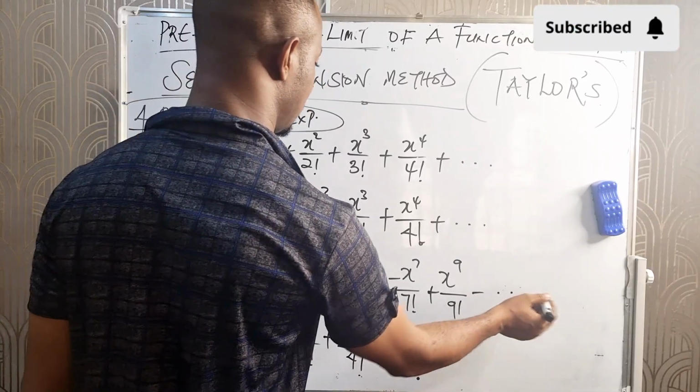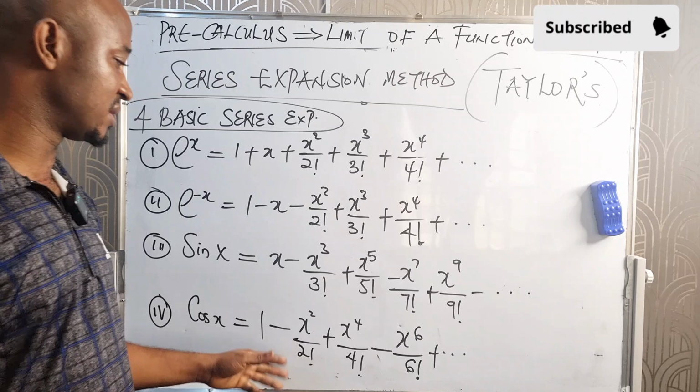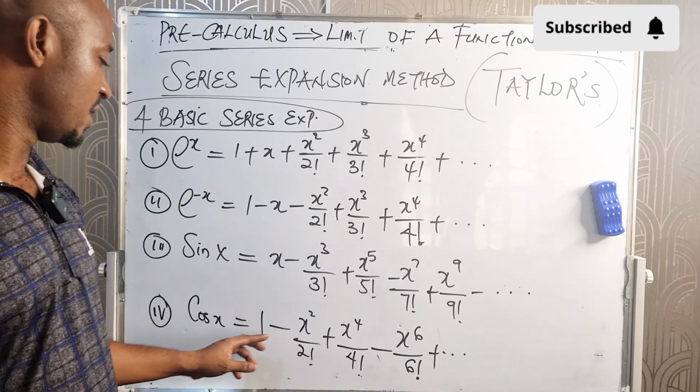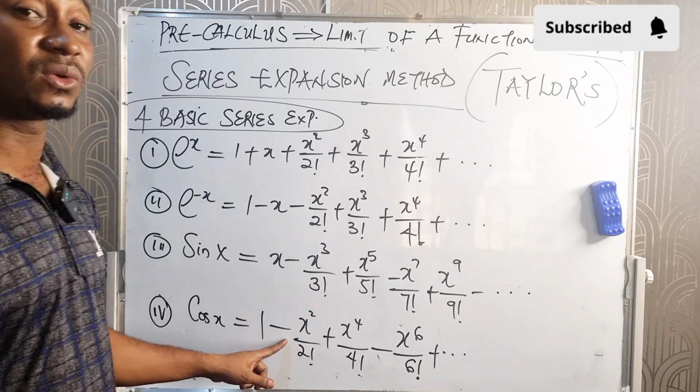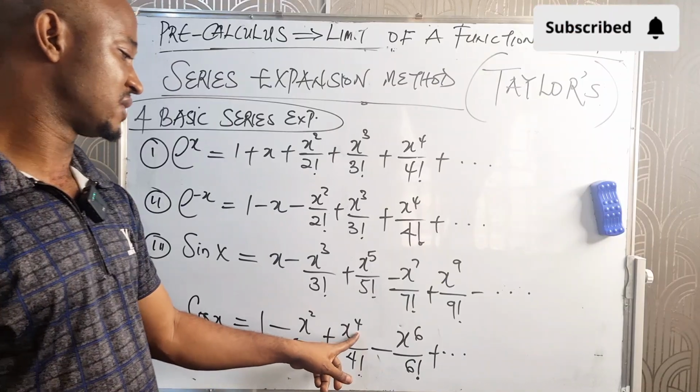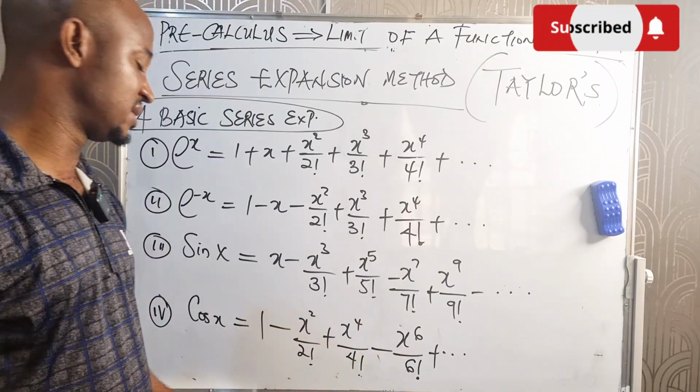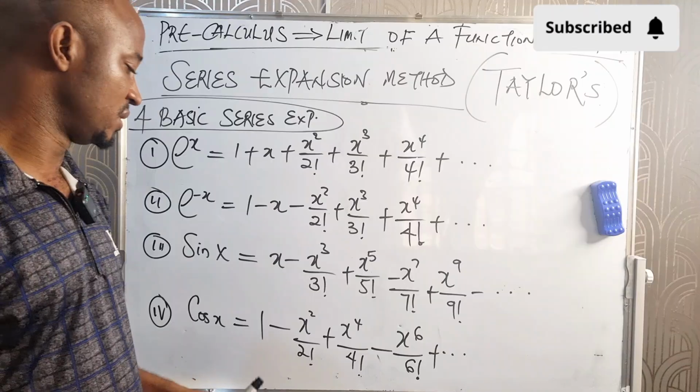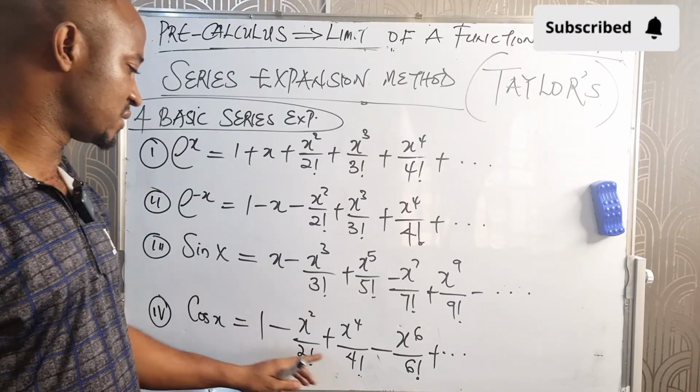So dot dot dot. For this, the same concept applies. For cos x, we have 1 minus x squared over 2 factorial, x to the 4, and so on. What you notice in their differences is 2. So just know that it's plus, minus, plus, minus.